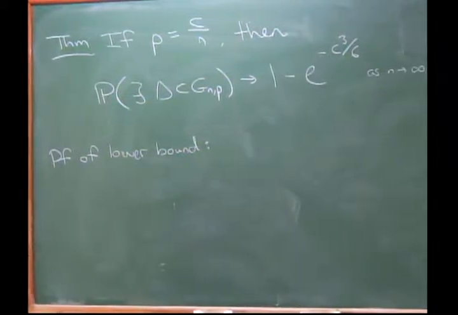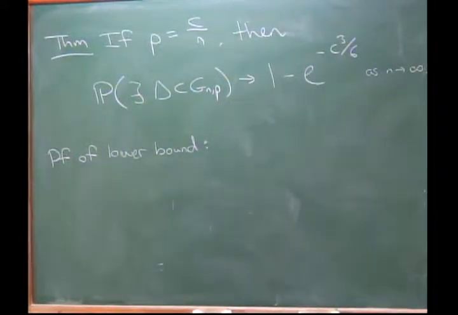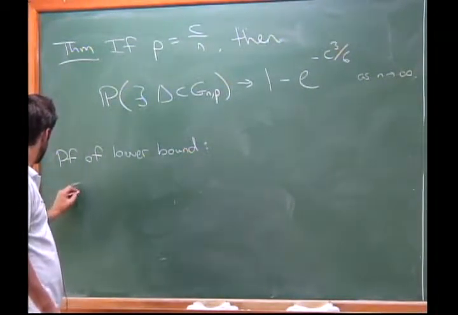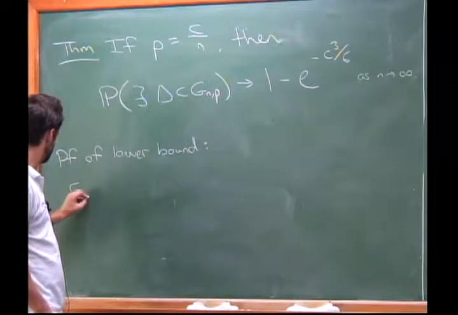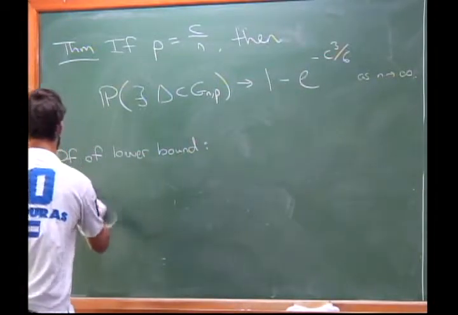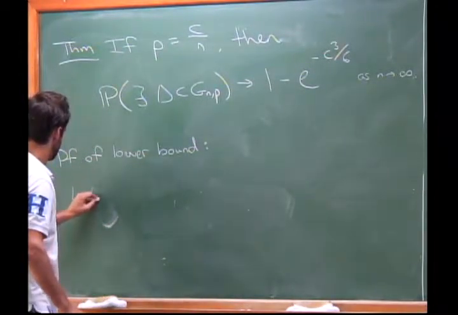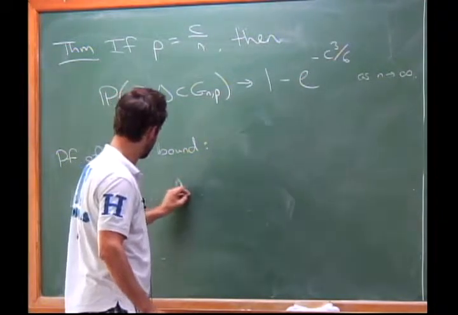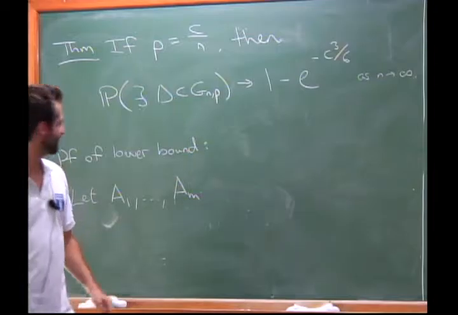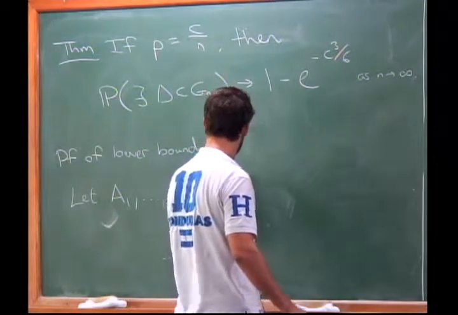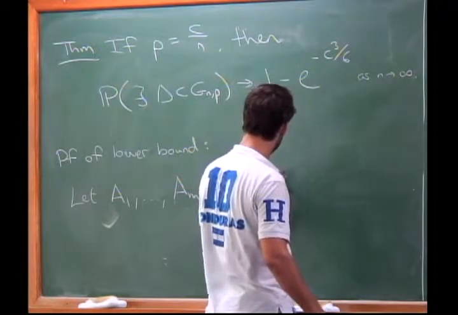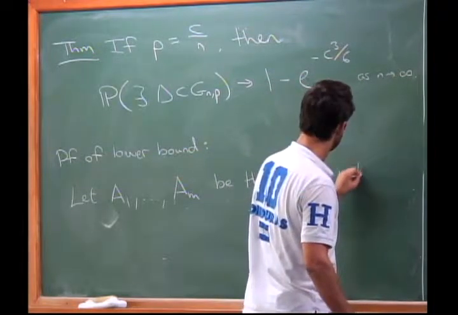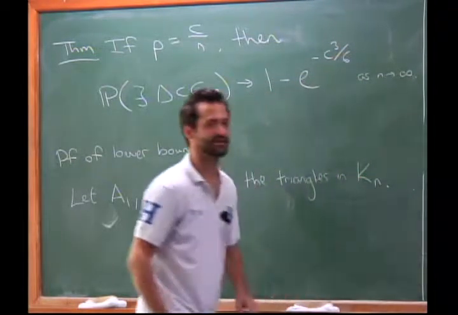So the proof is very simple. We just use the same events and apply the Janson inequalities. So let A1 up to AM be the triangles in Kn.